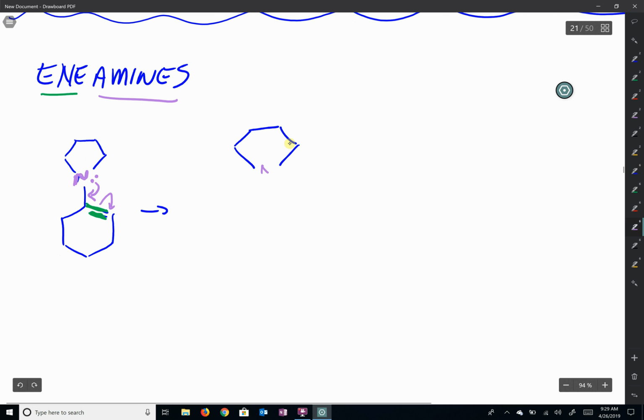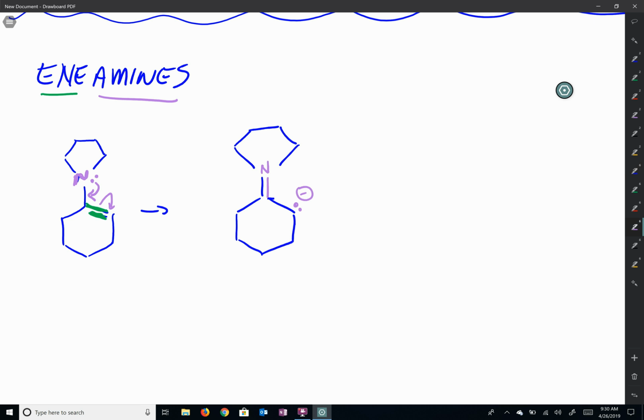there's our nitrogen. That slams down a pi bond. We've got our other original sigma bond there, and we end up with a negative charge on what we would call the alpha position to the nitrogen. And what can we do with a negative charge on a carbon?